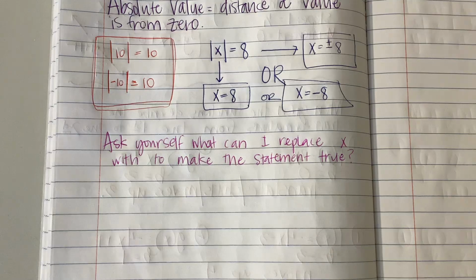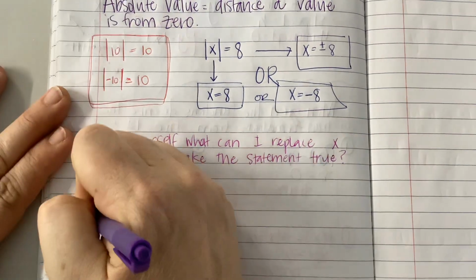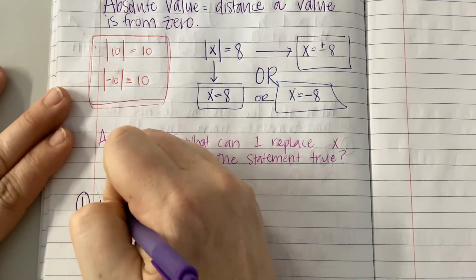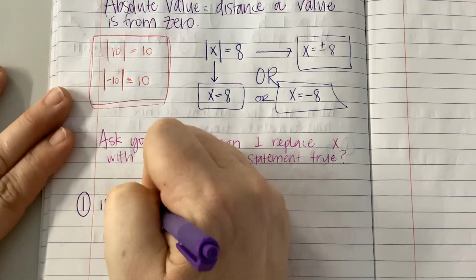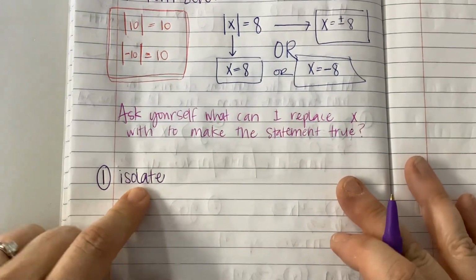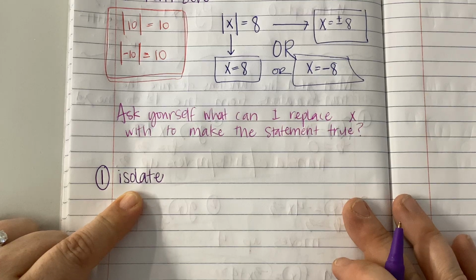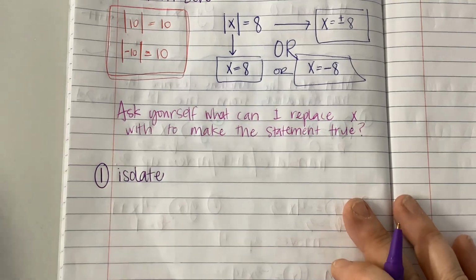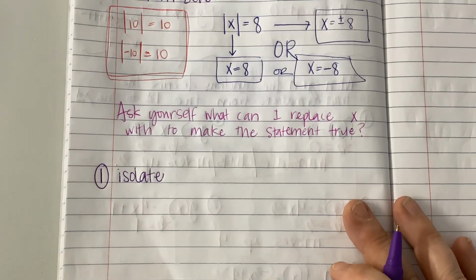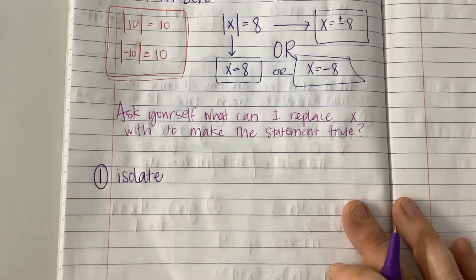It follows the same pattern of solving. The end result is to isolate the variable. Get x all alone, right?